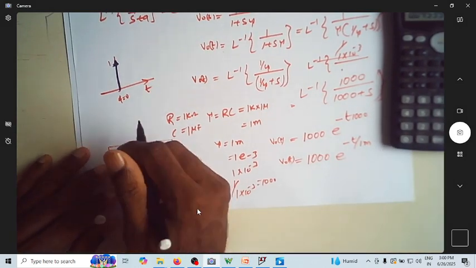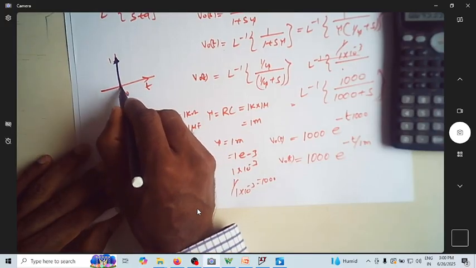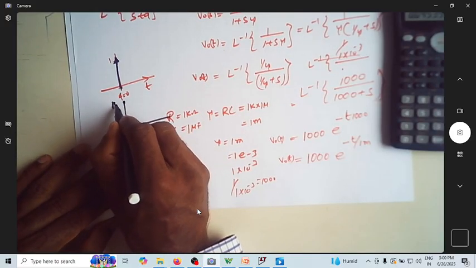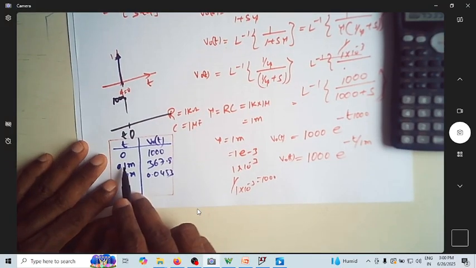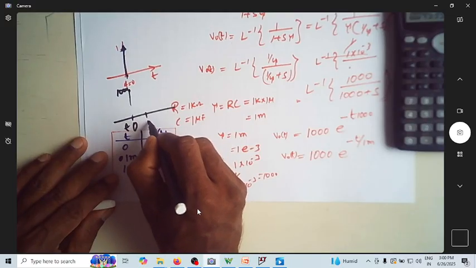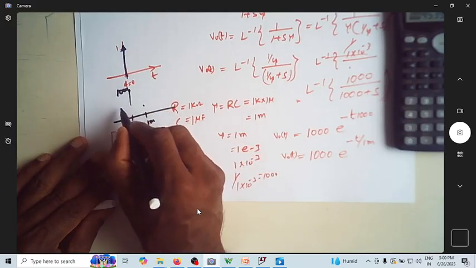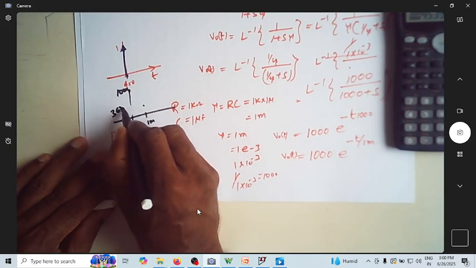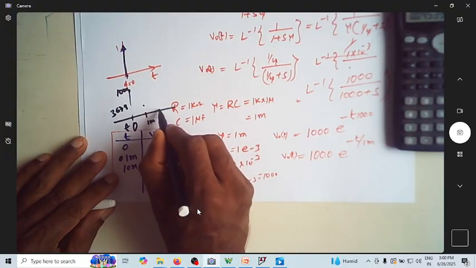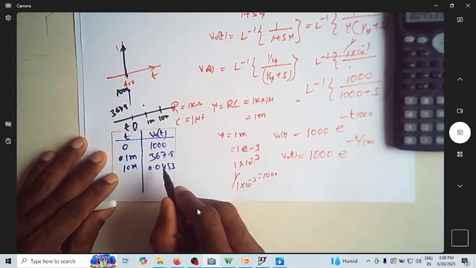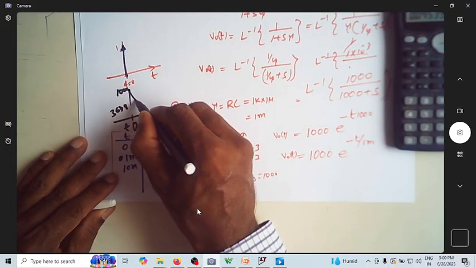At t equal to 0, it is going to have a magnitude of 1000. At 1 millisecond itself, the magnitude has reduced from 1000 to 367.8. At 10 milli the value is 0.043, meaning it reduces exponentially.